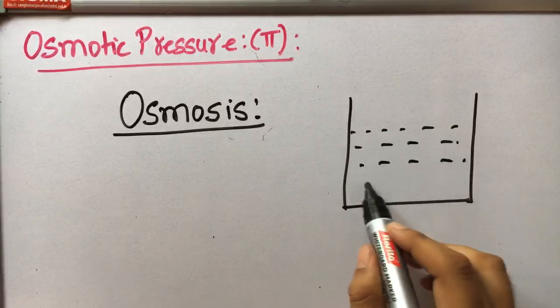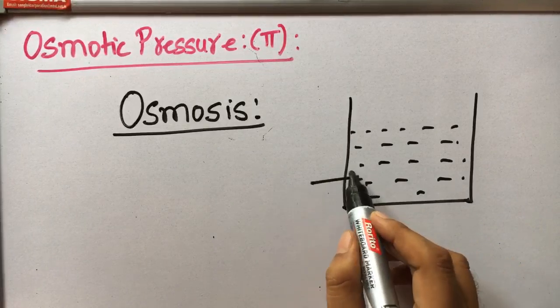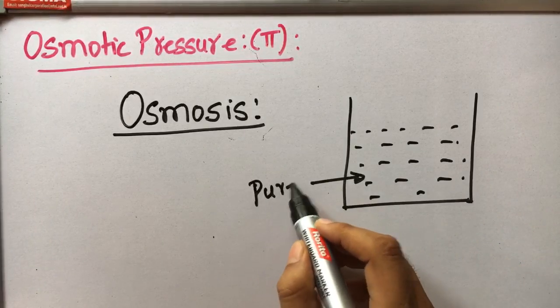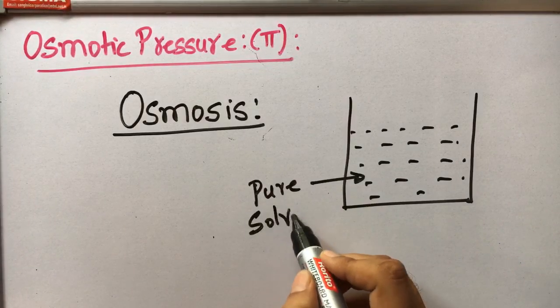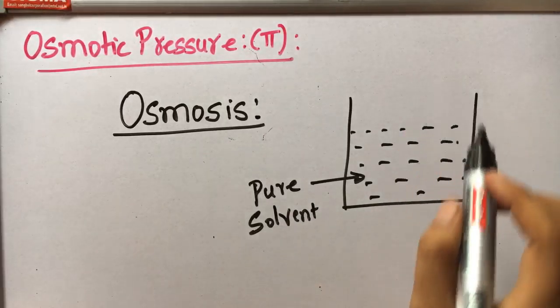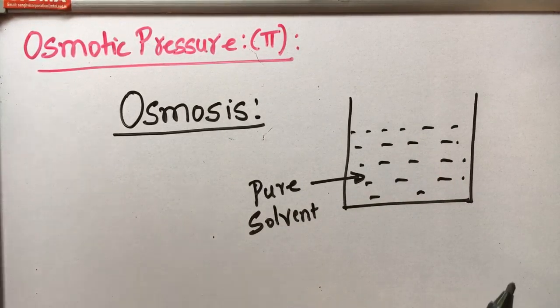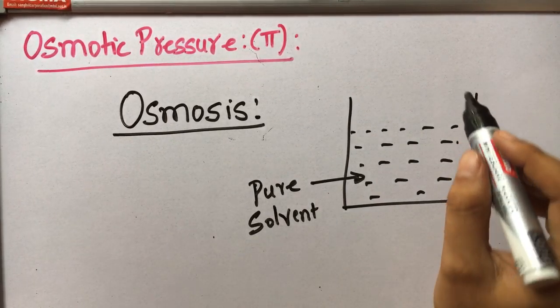Let me say pure solvent is taken. This is said to be pure solvent. Let me say I am going to take a thistle funnel. Biology students might have seen this in your biology lab. You might have done this experiment. So let me take a thistle funnel.